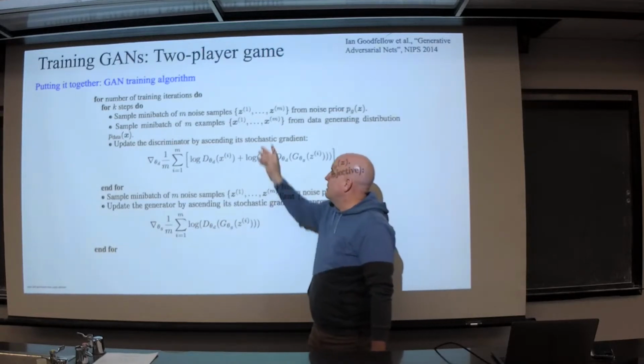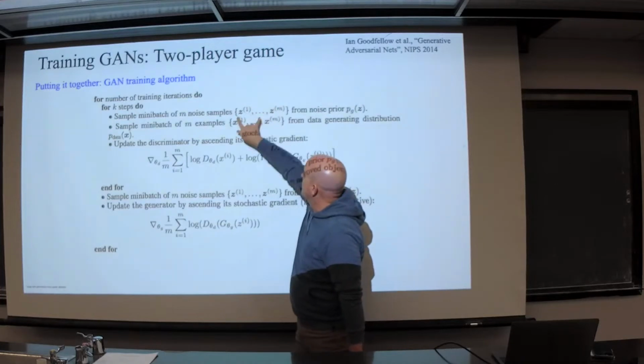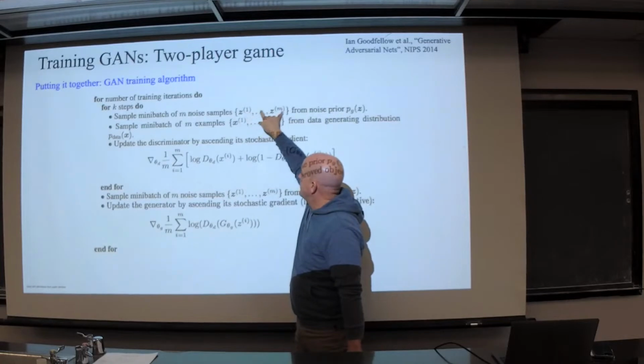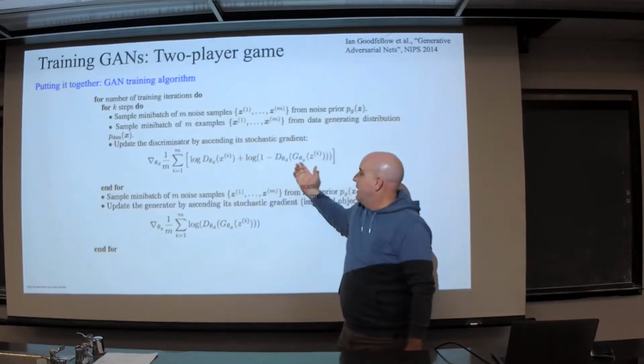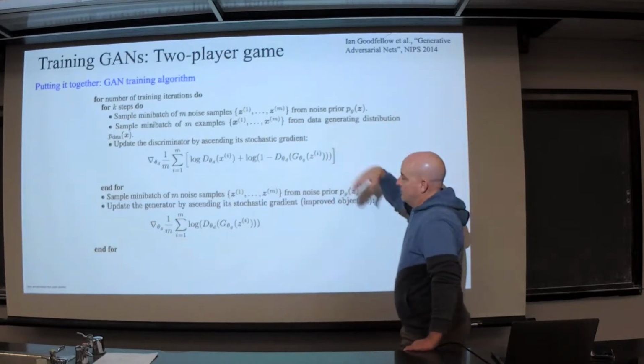We do that with the fake samples generated from our latent space and the real data. Our discriminator needs both, and we label them 0 and 1 respectively.